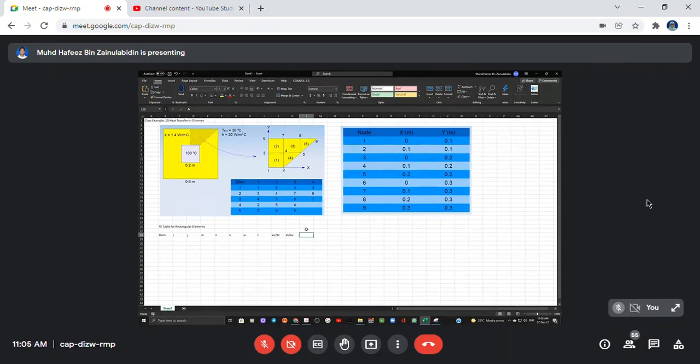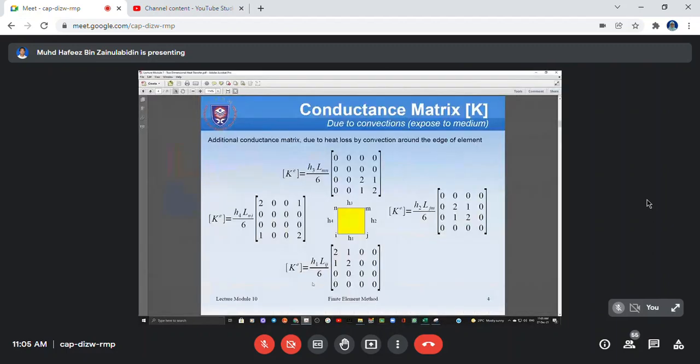So we will have the same value of L in the formula. Lij equals Ljm equals Lmn equals Lni.